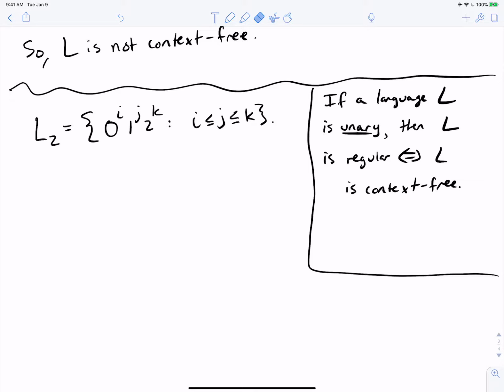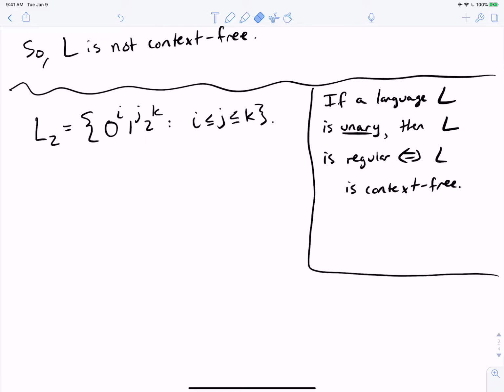Unary means there's only one character in the alphabet. Remember the language of perfect squares where we had 0 to the n squared? The strings were just all zeros. That's what it means to be a unary language. So that says that L is regular if and only if it's context-free. If it's regular, it's context-free, which we already know. But also, if it's unary, then if it's context-free, it also is regular, which is pretty amazing.